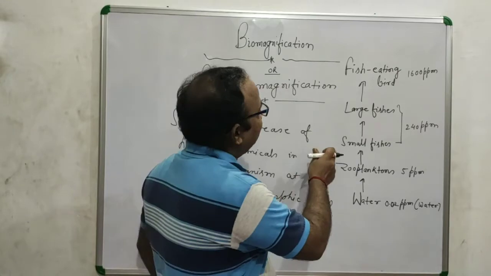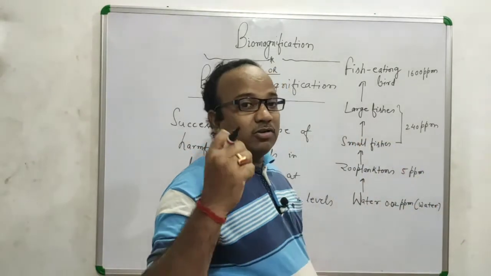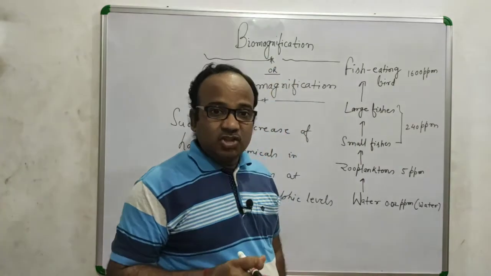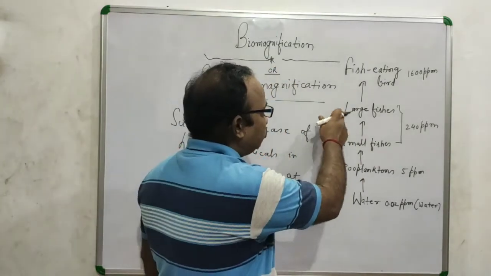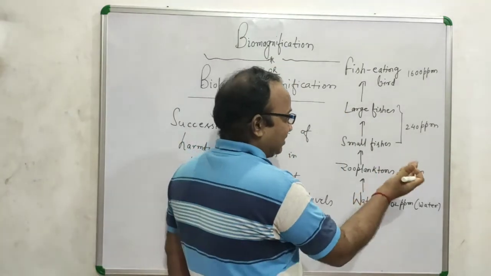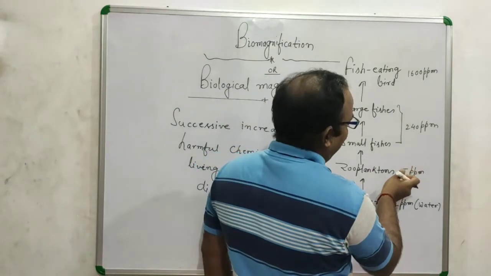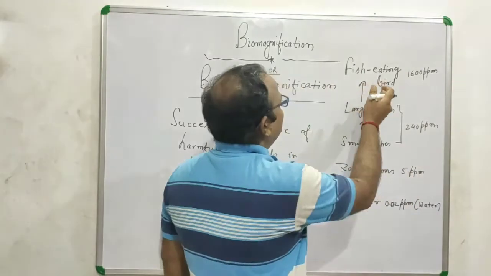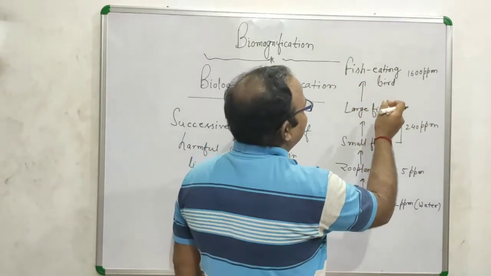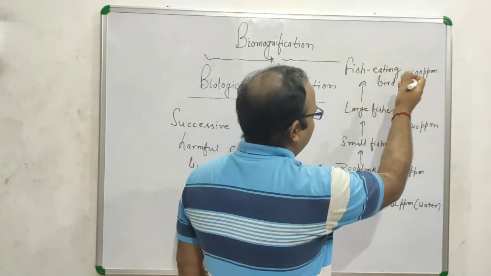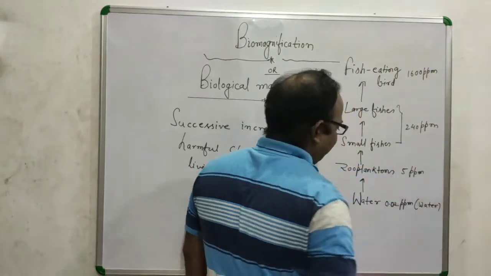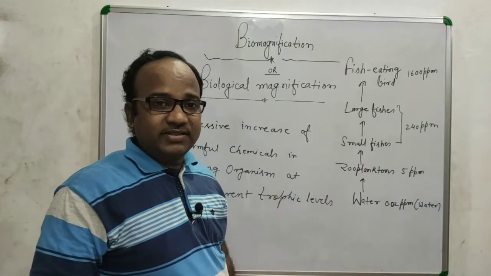Further, similarly, this large number of small fishes is consumed by the large fishes, so the concentration reaches there too. You can see here how it increases from 5 to 240 parts per million. And those birds who consume these large fishes have a much higher concentration, 1600 parts per million of the harmful chemical.